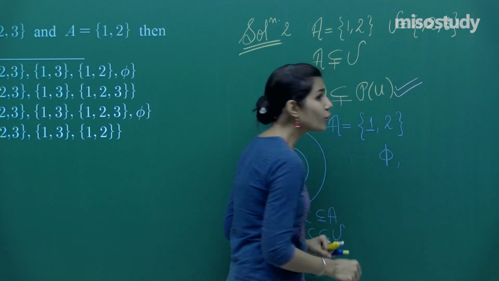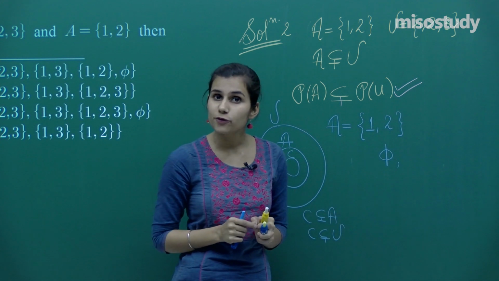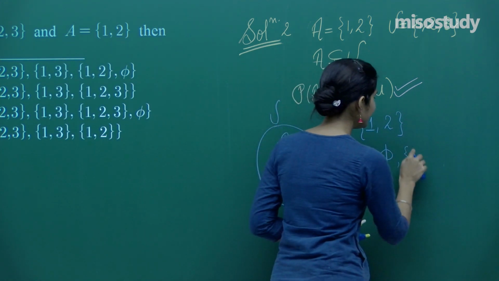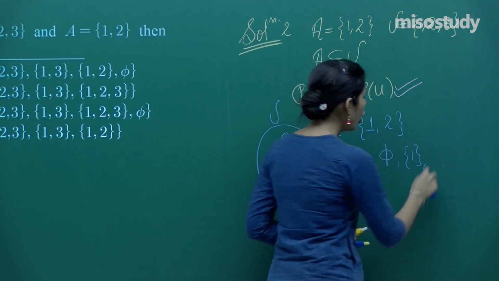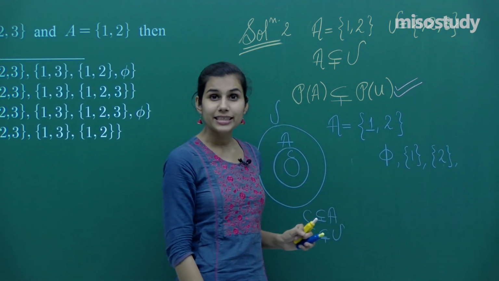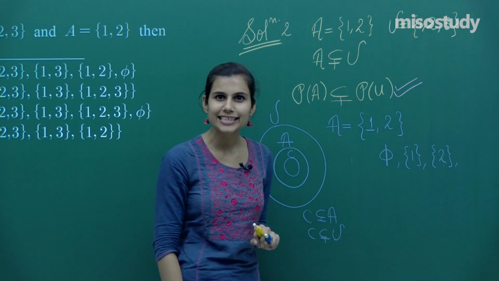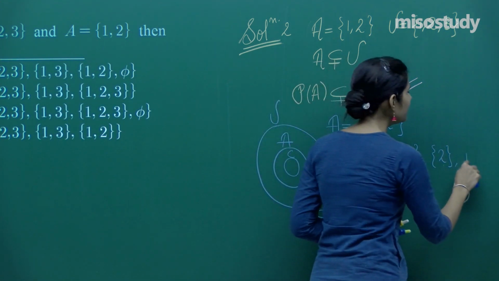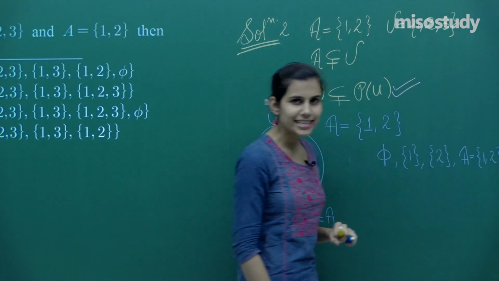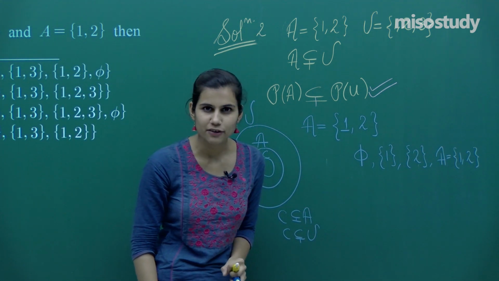Now, after borrowing nothing from set A, next we move on to borrowing a single element from set A, which we can do in two possibilities. Either we just borrow 1 or we just borrow 2. The next possibility is borrowing both the elements. That means completely taking the set A. And this means the entire set A is kept as the next subset, because you also know that every set is a subset of itself.